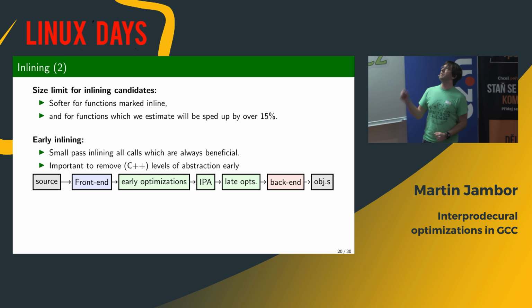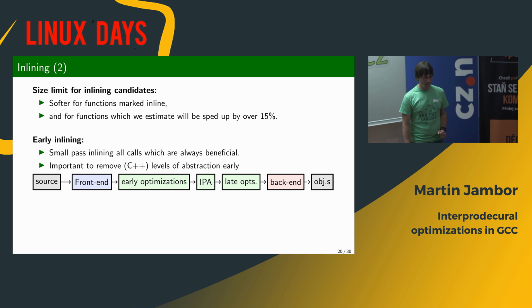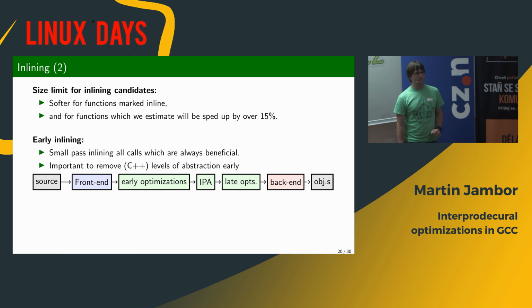One sits at the very beginning of the early optimizations, the green box, and it inlines all functions which are clearly good candidates. Basically, where the call would take as much time and space as the function itself, that gets automatically inlined, and it helps the early optimizations a lot because it allows them to see small but still much larger bits of the program.